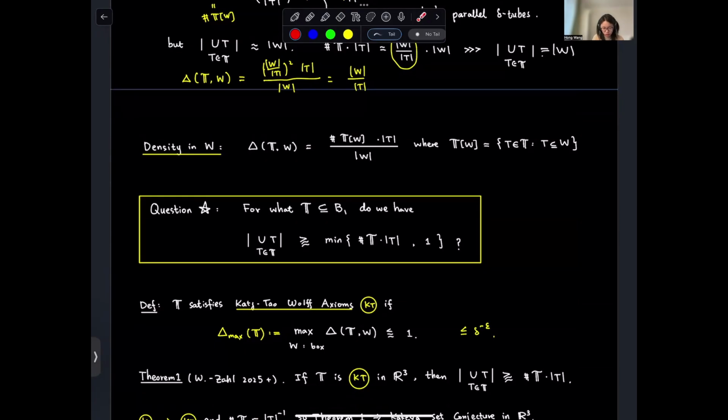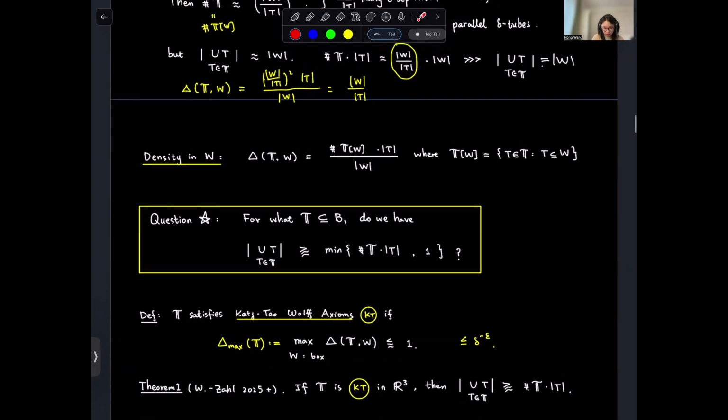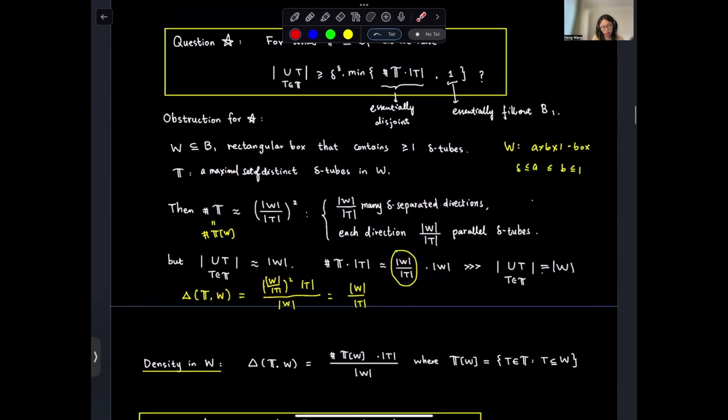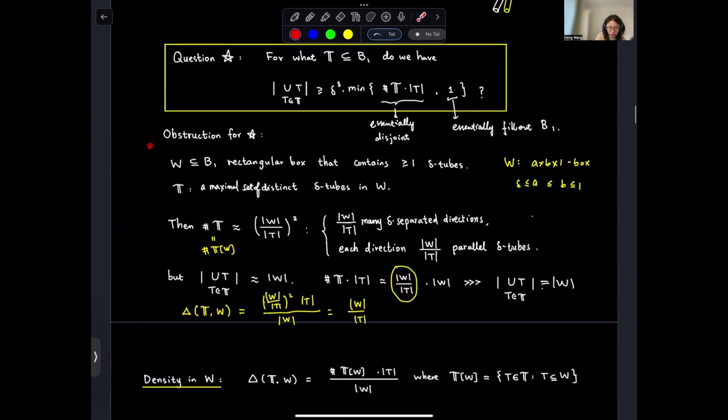So, joint with Josh, we proved that if a set of tubes satisfies the Katz-Wolff axioms in R3, then the volume of their union is greater than or approximately equal to the number of tubes times the volume of a single tube. In other words, if a set of tubes satisfies the Katz-Wolff axioms, then they are essentially disjoint. Or in some sense, one can rephrase our theorem as follows: for the union of tubes problem in R3, this obstruction is the only obstruction.